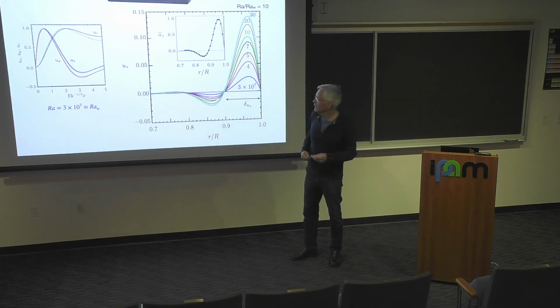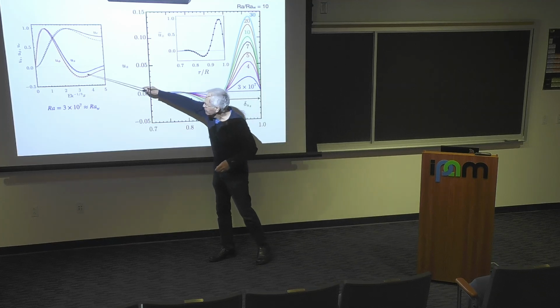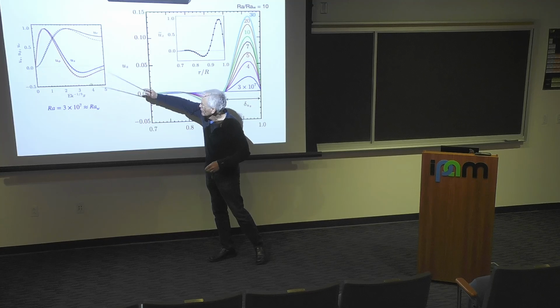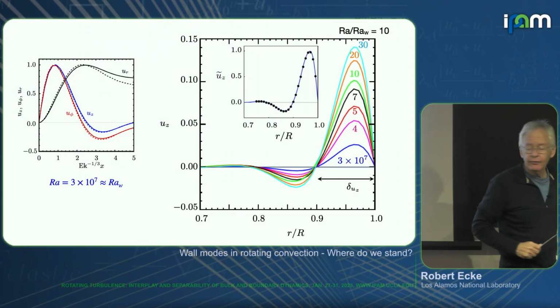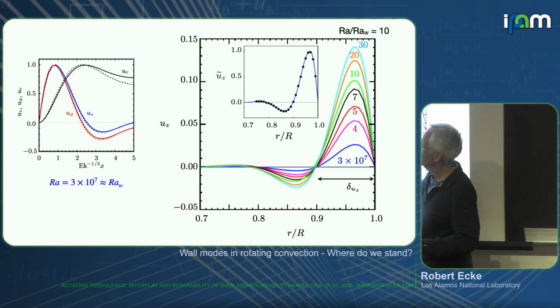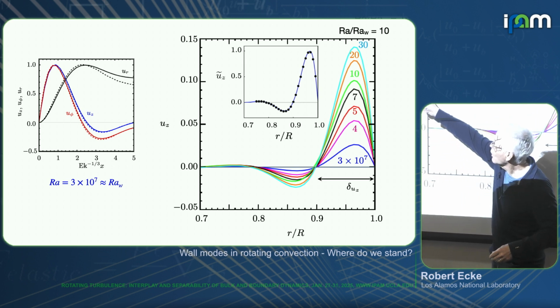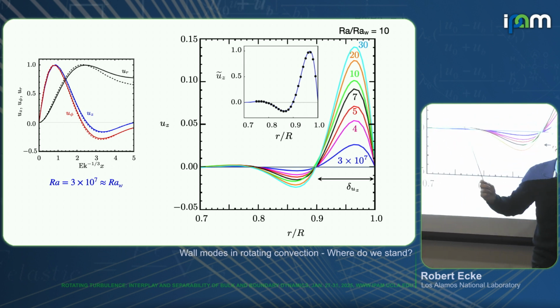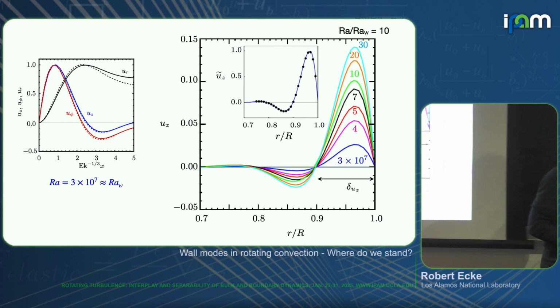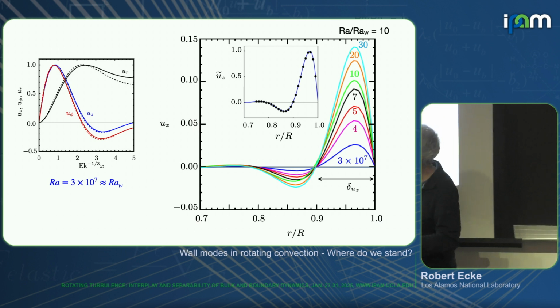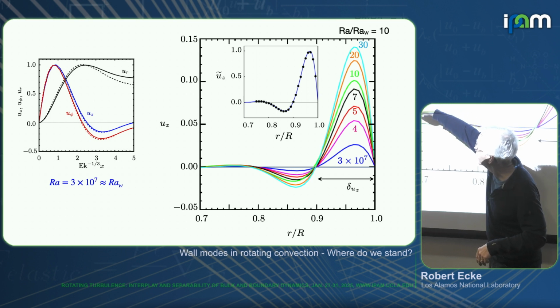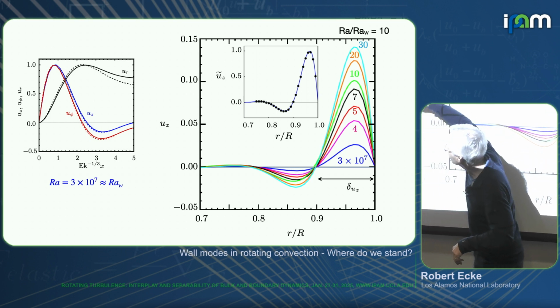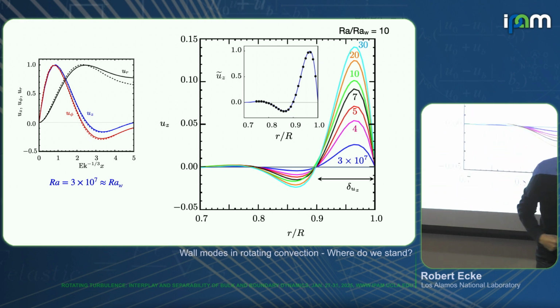You can't see the difference. It's this tiny difference between dotted and dashed, except for u sub r. And I think that is really the only contribution of the wall curvature close to onset, this small deviation of u sub r. And you also notice that whereas these things wiggle and go negative, this one is always positive. And the maximum peak of that is almost identical to the zero crossings of those.